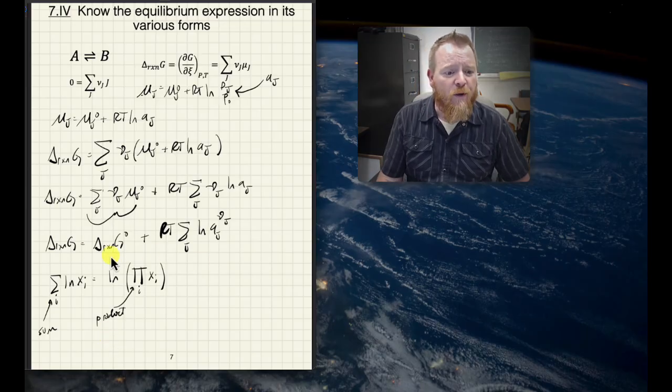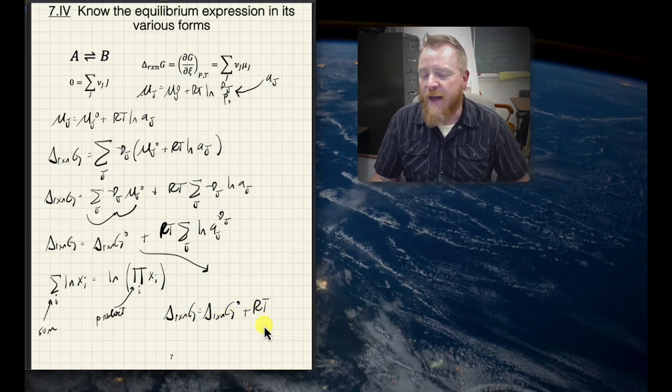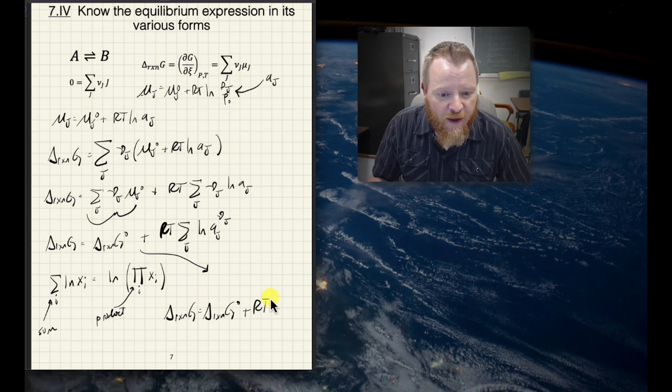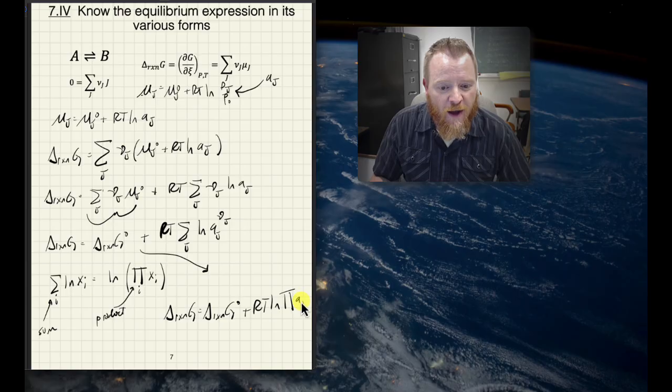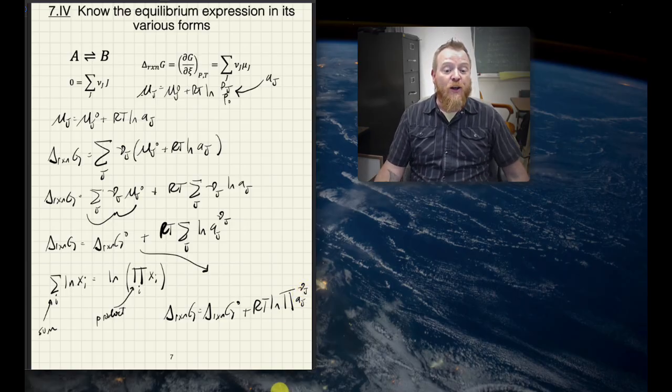So now rewriting this expression right here, that's going to go delta G of Rxn equals delta G standard plus RT. And now that becomes the natural log of the product of the activities raised to their stoichiometric coefficient.